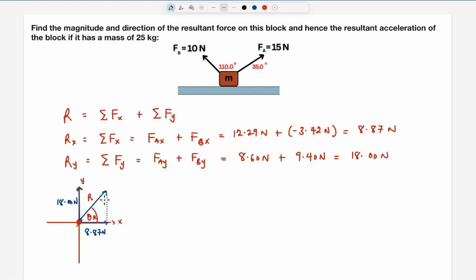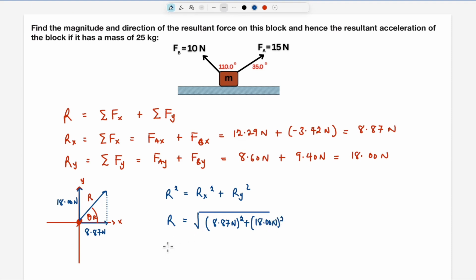So since we have a right triangle, we can apply the Pythagorean theorem, which says that the resultant force squared should be equal to Rx squared plus Ry squared. Therefore, the resultant force is going to be the square root of Rx squared. We know Rx, so we have 8.87 newtons squared plus Ry squared, which is 18.00 newtons squared.